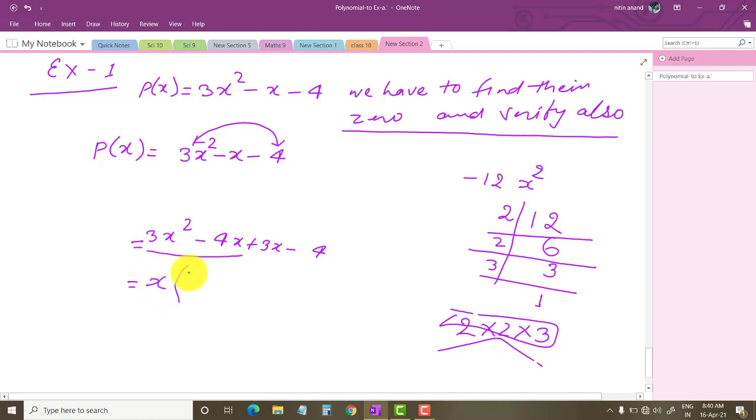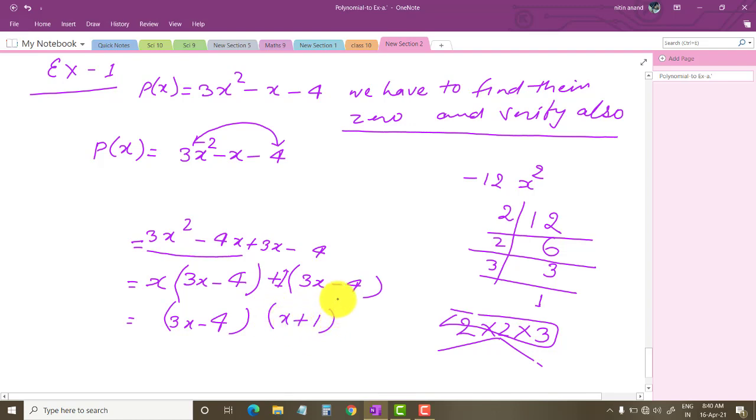Now here 3x minus 4, and this is plus, common is not anything, so we can take 1 as a common, then this becomes 3x minus 4. Now again 3x minus 4 is common, then it should be x plus 1.